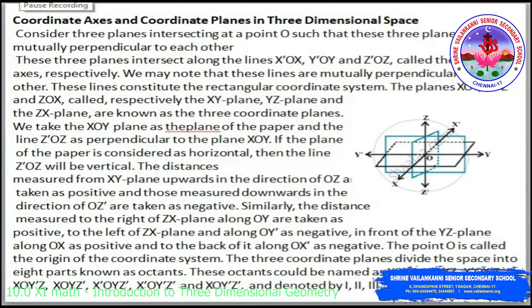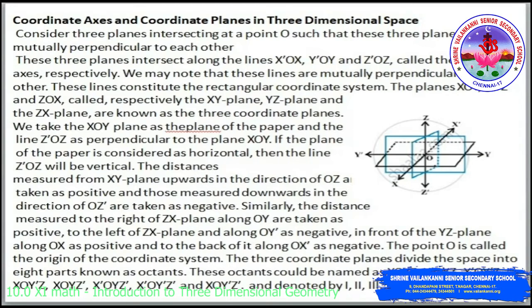Here are the coordinate axes and the coordinate planes in three-dimensional space. Consider three planes intersecting at a point O such that these three planes are mutually perpendicular to each other. These three planes intersect along the lines X'OX, Y'OY and Z'OZ, called the x, y and z axes respectively.